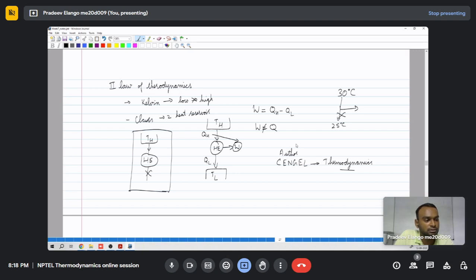So I went for RK Rajput. And after reading RK Rajput, our faculty provided me another author's textbook, Thermodynamics by Nag.